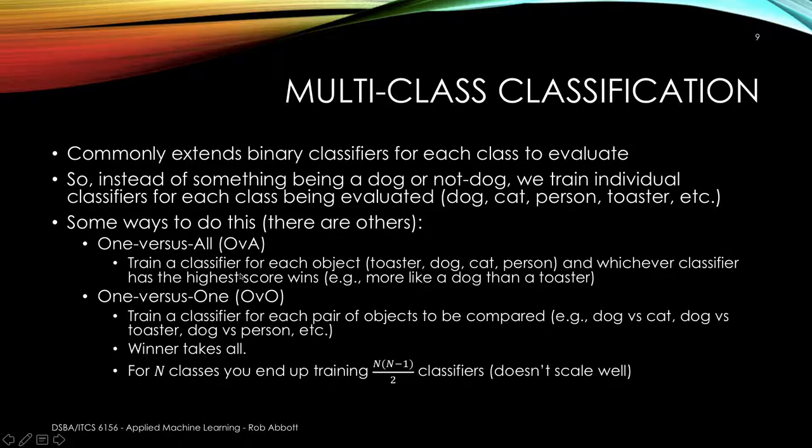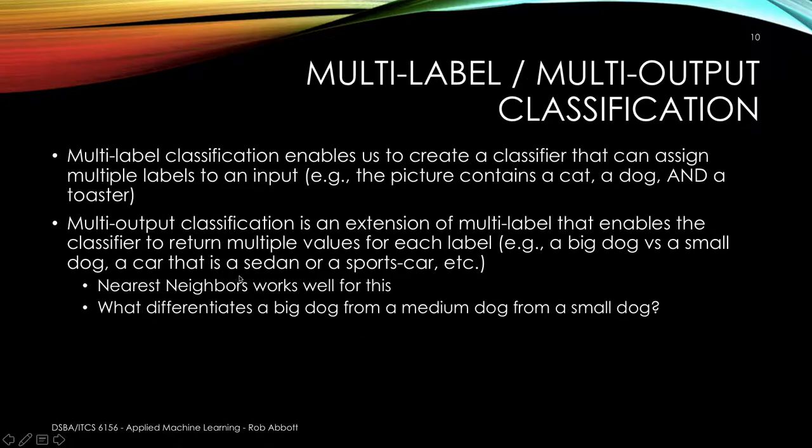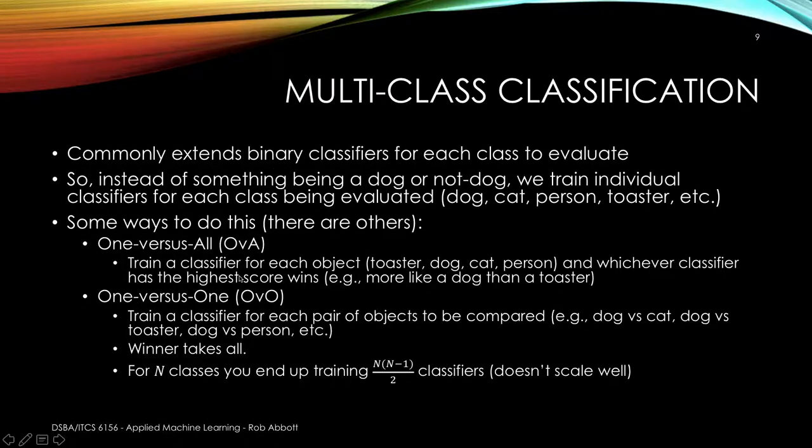We talked about one versus all, where we basically go through and train a classifier for each class, and then whichever classifier generates the highest probability or highest likelihood that something is a member of that class is the one that wins.